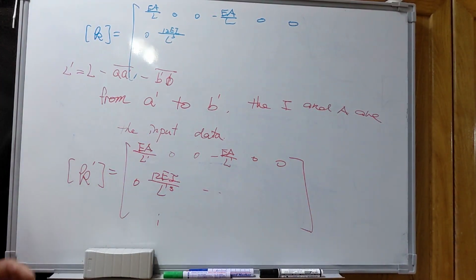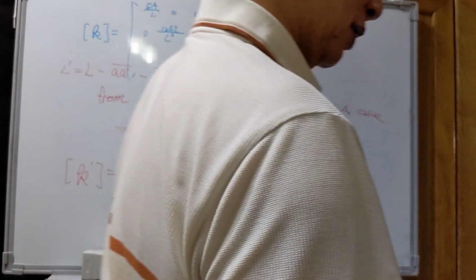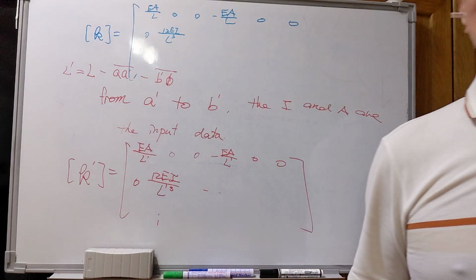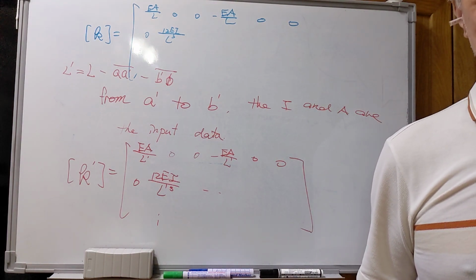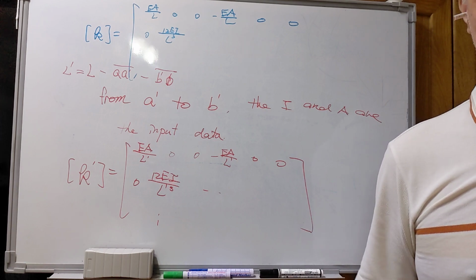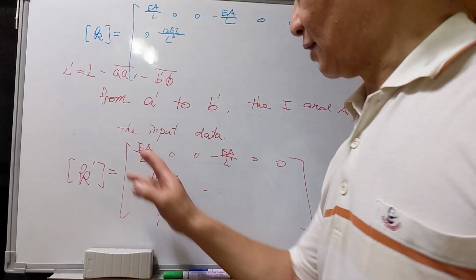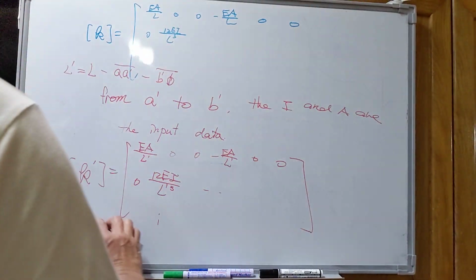So we can calculate the K prime since from node point A prime to node point B prime, we have the input I and A, which can be applied to this. So we will calculate the K prime first.